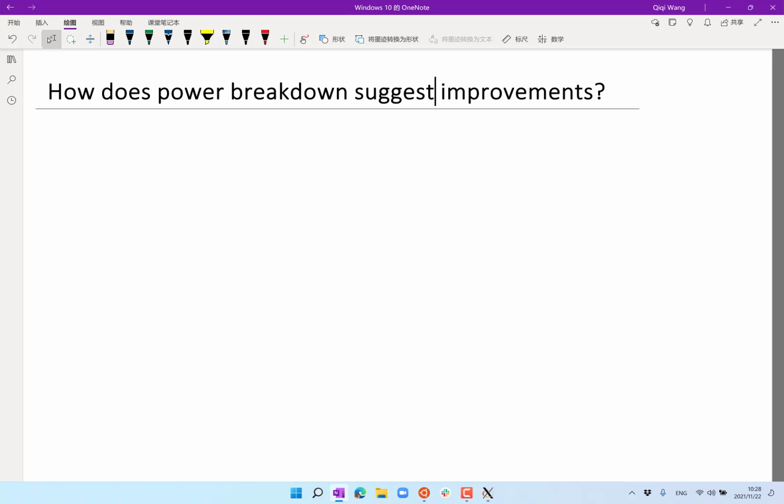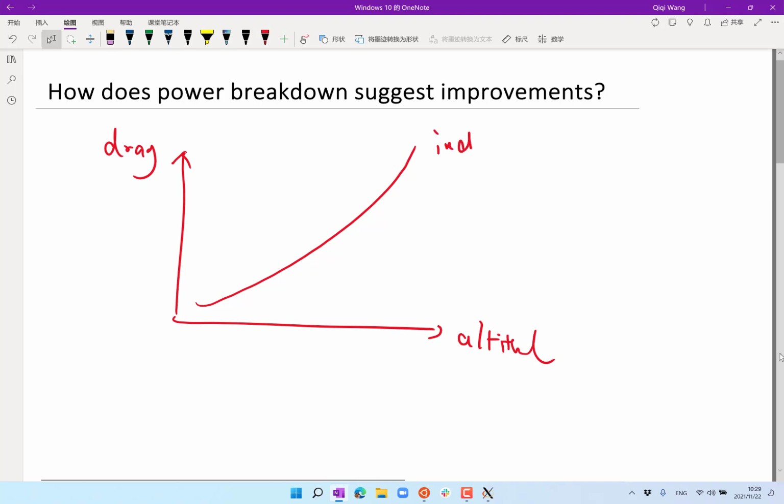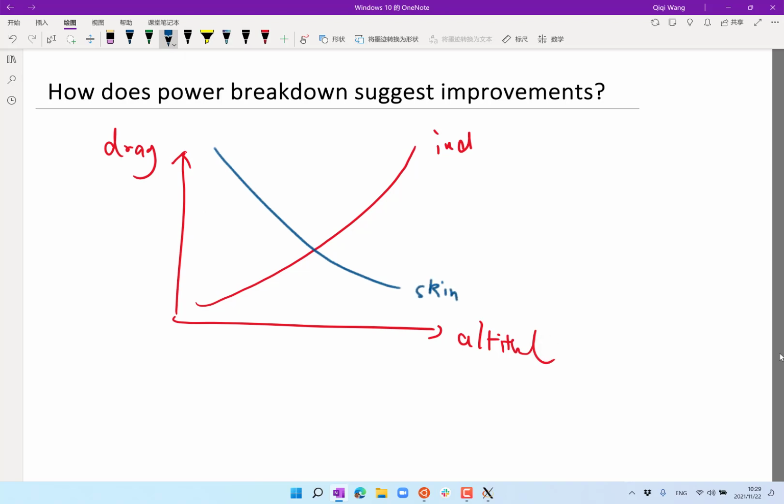How about skin friction drag? It decreases, right? Because your area got decreased. So if you remember, plotting altitude and drag, as you increase in altitude, the induced drag goes up, and the other component, skin friction drag, goes down, right?